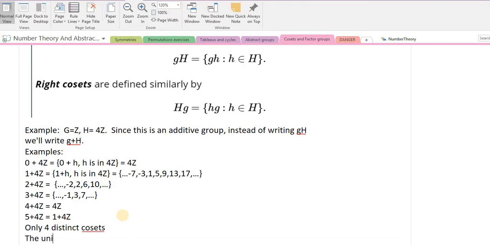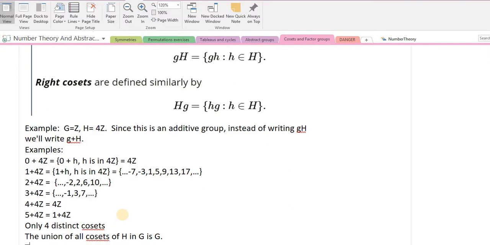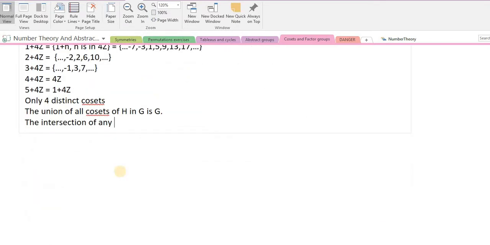The union of all cosets of H in G is G. The intersection of any two cosets is what?